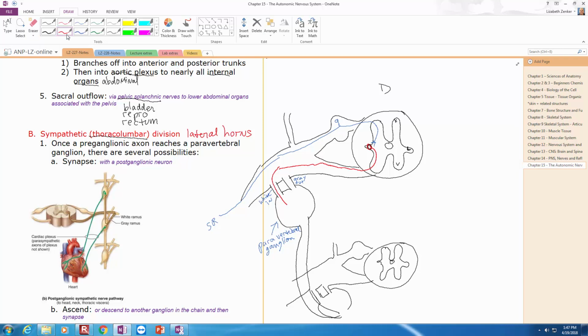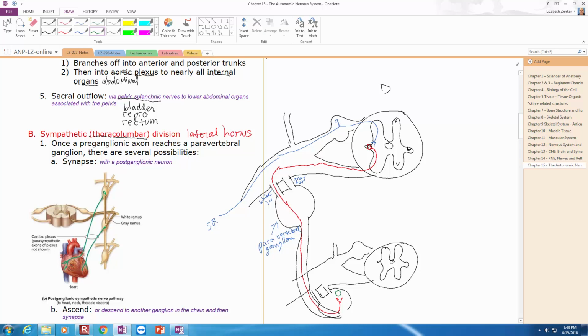Okay, so let's say he left the lateral horn, he goes into the paravertebral ganglion in the white rami communicans, okay? But let's say he decides not to synapse in that ganglion. He's going to ascend maybe a level or two. So he will go down this other pathway and come into here, and he will then synapse maybe here. So now I'll draw my green guy here.